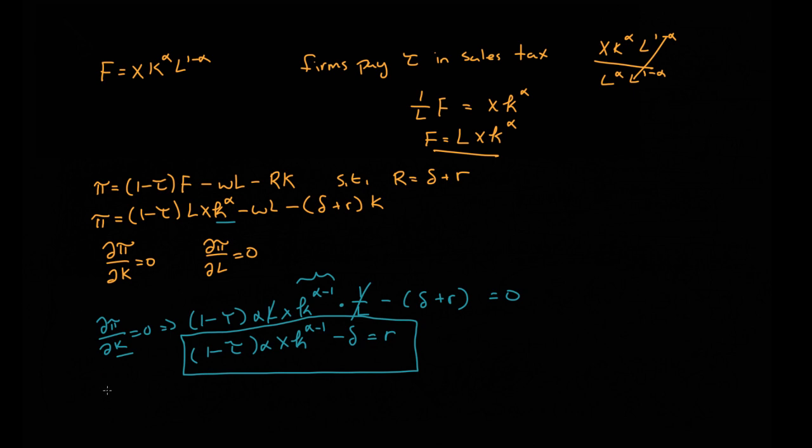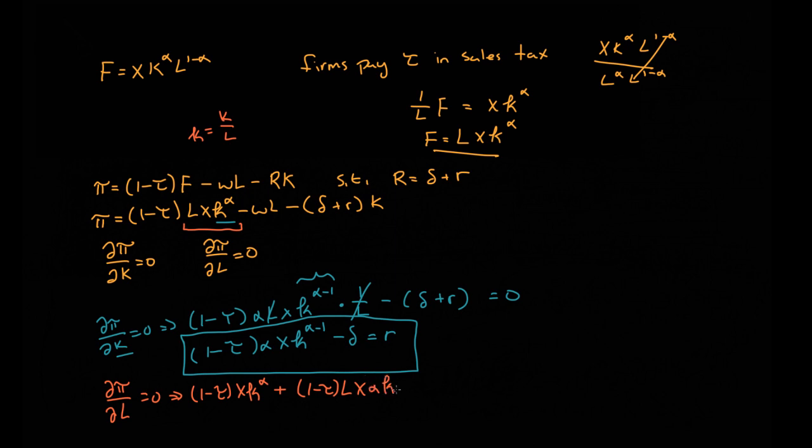The second will be the partial pi partial L equals 0 here, which implies, now this has two L's. Again, the k is big K over big L, so we have to use product rule and chain rule here. 1 minus tau, and then we'll do this L first, which just goes away. K alpha plus 1 minus tau again, and this time we'll do the K. Whoops, let's add the alpha there.